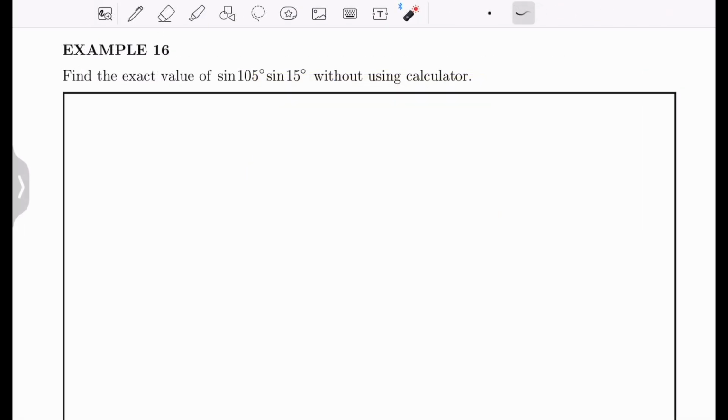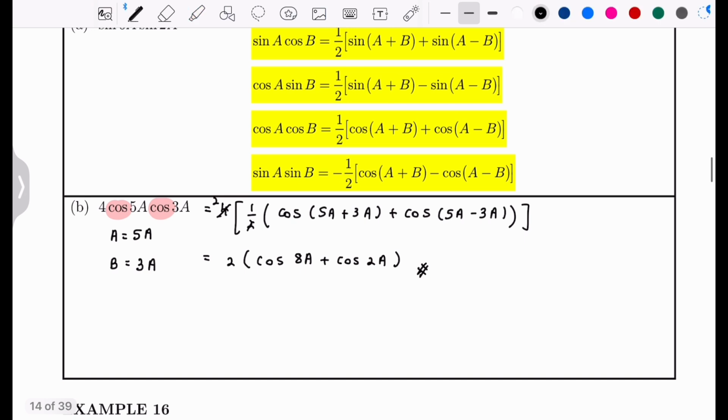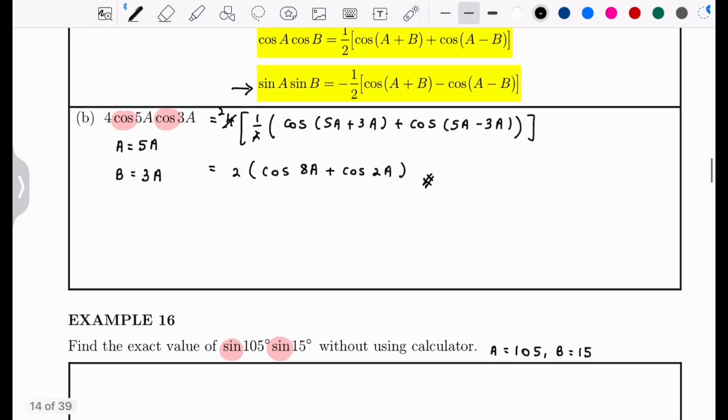For example 16, we're going to find the exact value of sine 105 sine 15 without using calculator. So first take note, A equals 105, B equals 15. Since we have a product of sine and sine, according to the previous note, we're going to use the last formula, where sine A sine B equals negative half [cos (A plus B) minus cos (A minus B)]. Substitute A and B into the formula.